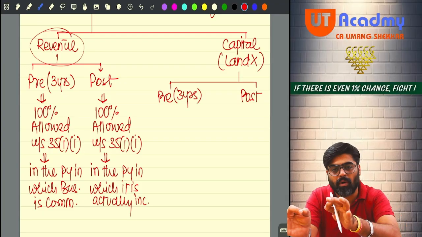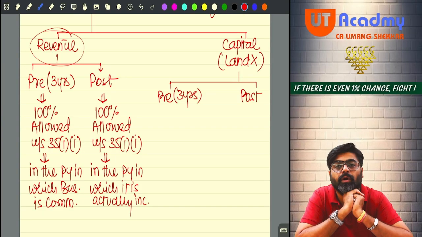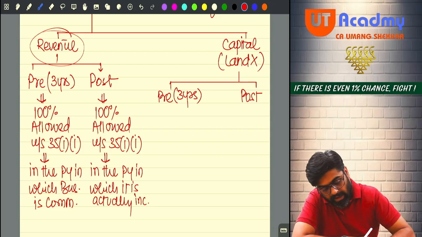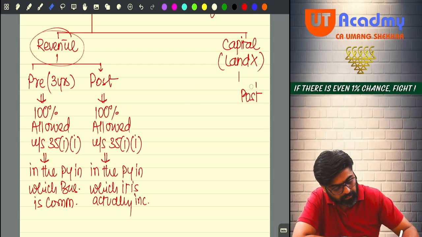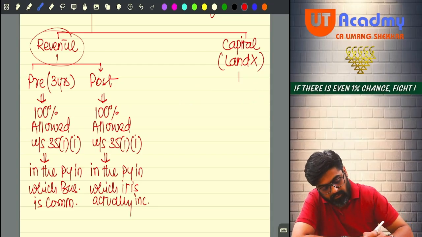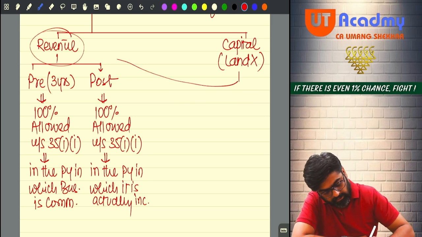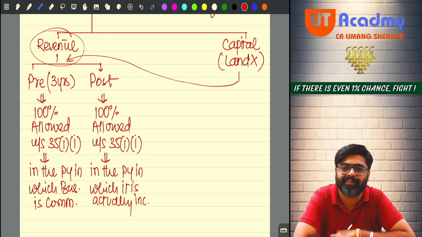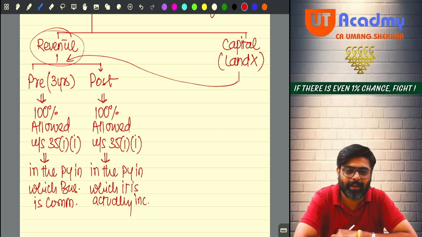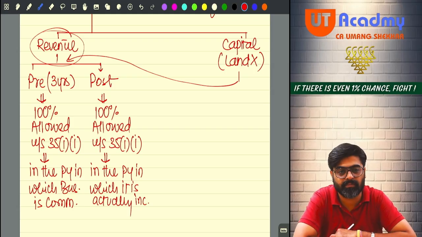Same to same, copy and paste for capital expenditure also. Meaning that I'm not going to write down like this. Now please pay attention. Whatever pre-commencement capital expenditure are there must be incurred within 3 years, yes or no? Prior to commencement of business.